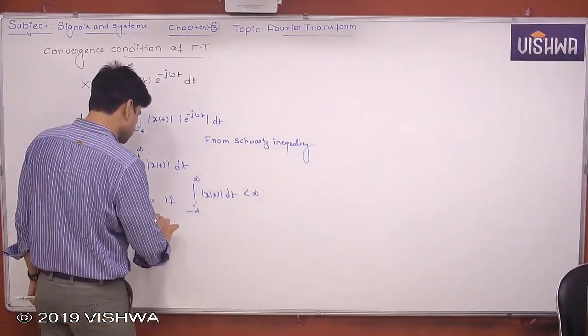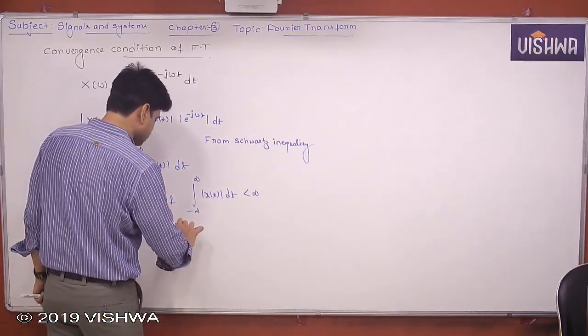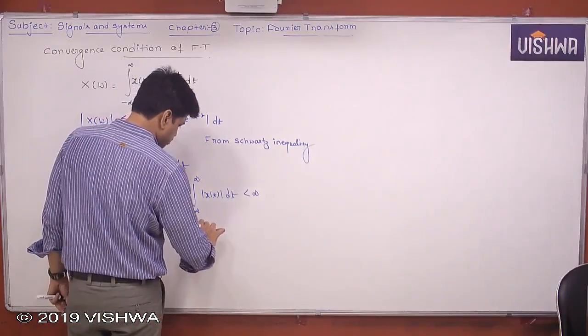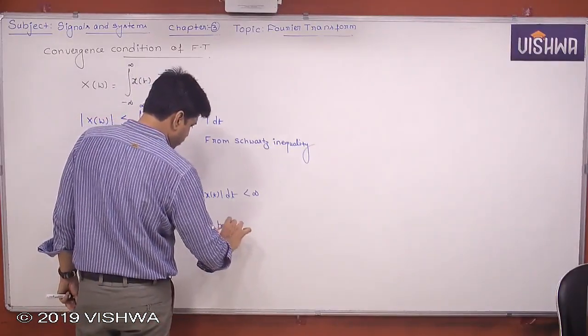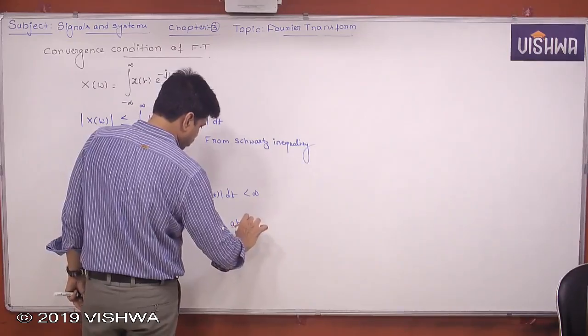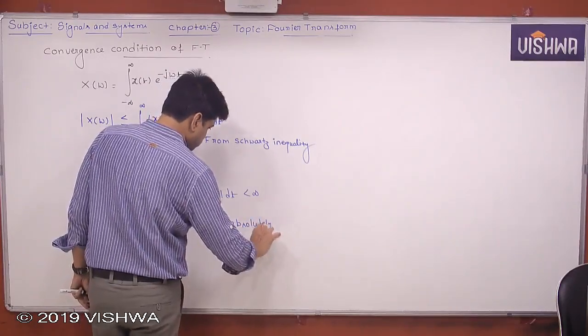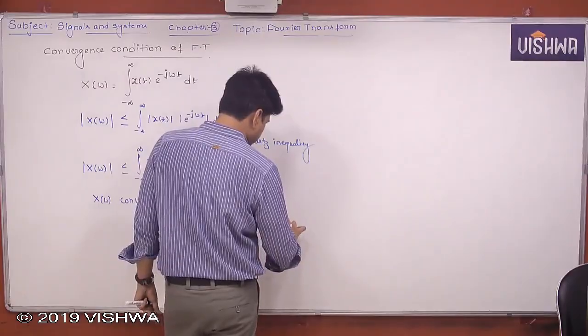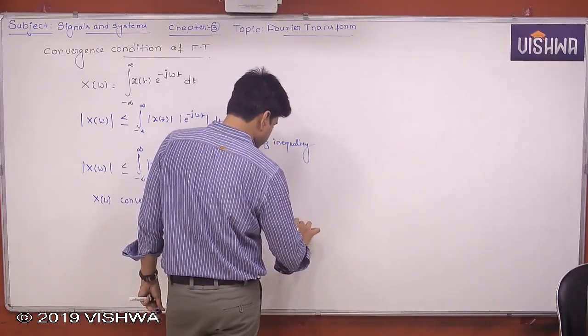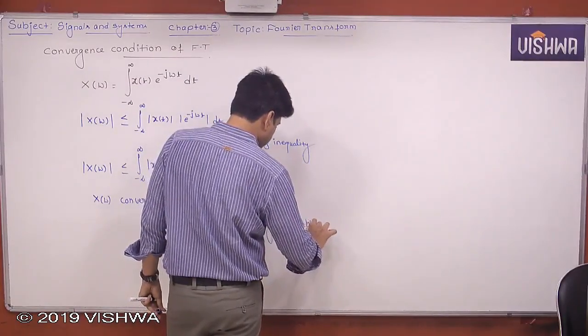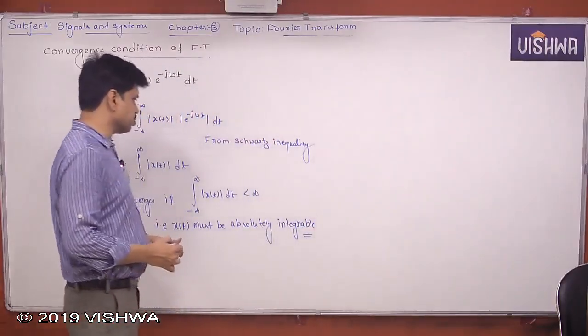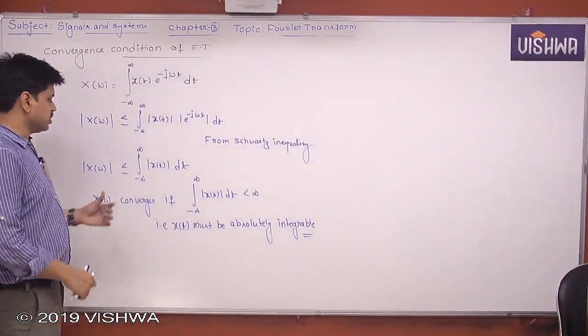That is, x of t must be absolutely integrable. So this is what we have to say as the convergence condition.